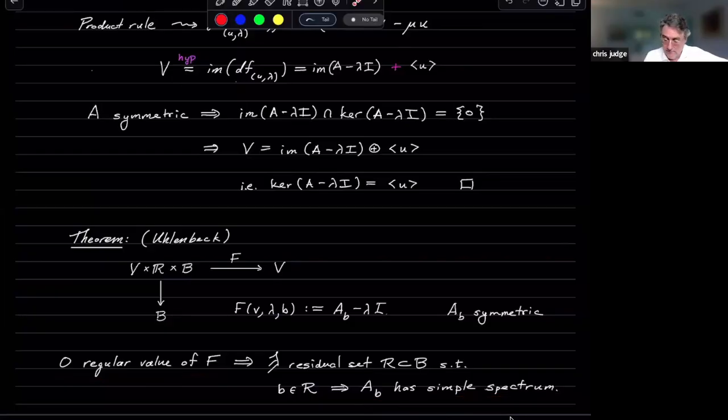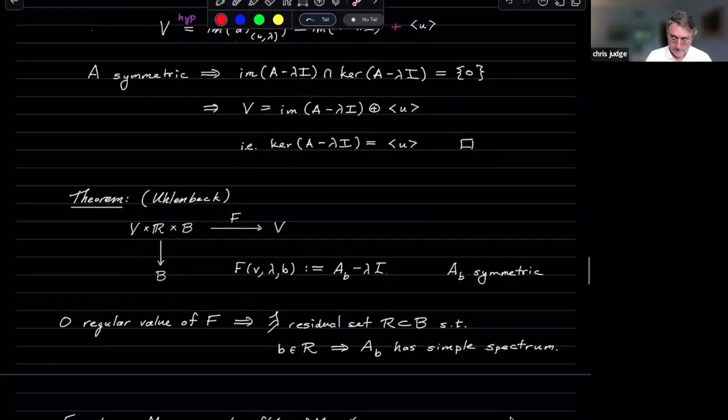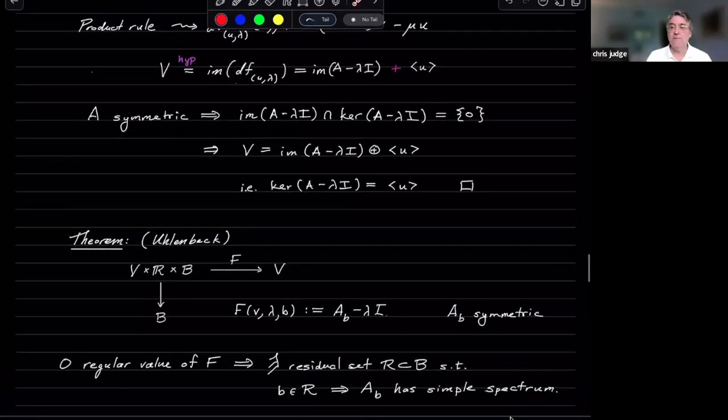And so this is from the proposition. Okay, so this is the basic use of parametric transversality for the simplicity result. Any questions about that so far?